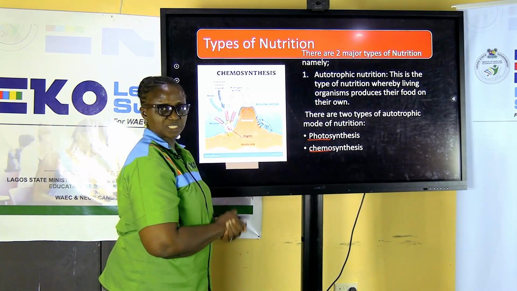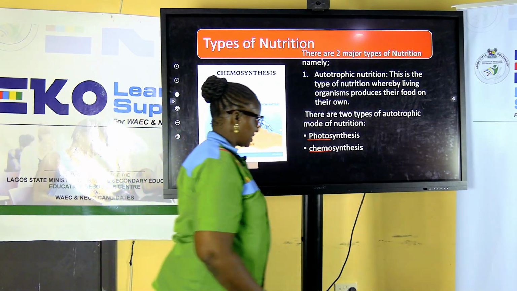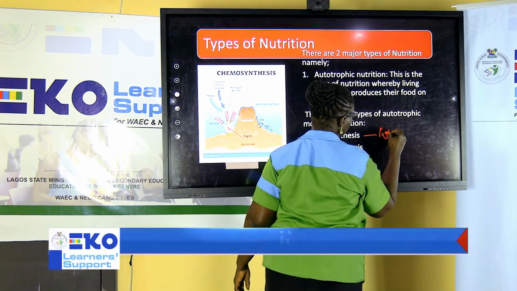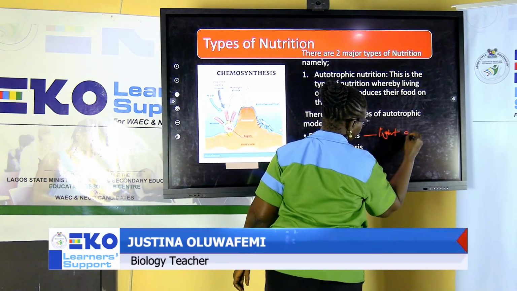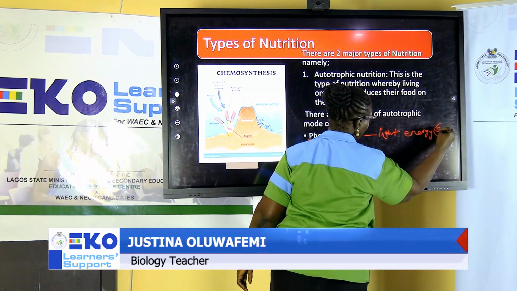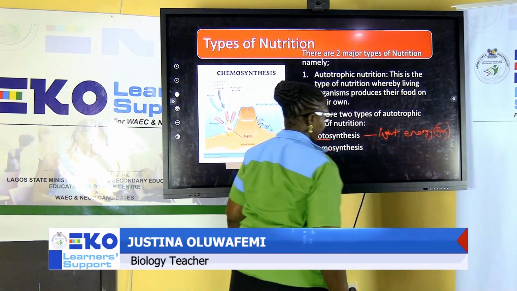The first is photosynthesis. In photosynthetic organisms, they depend on light energy. And here we are looking at the sun or the solar energy.